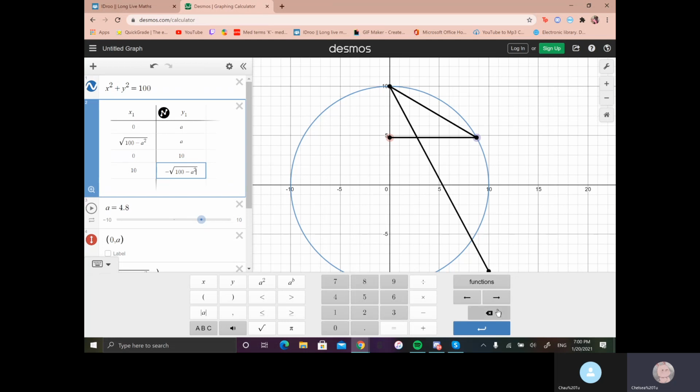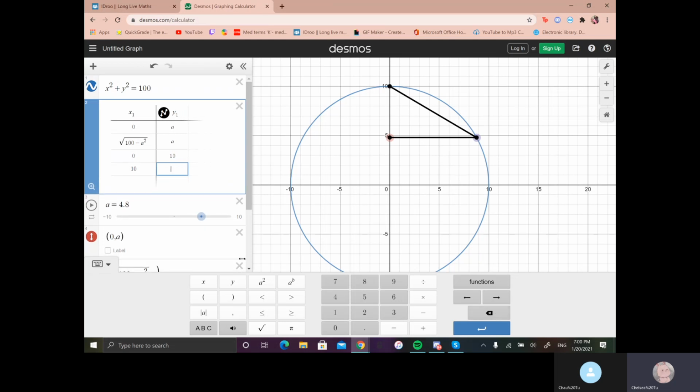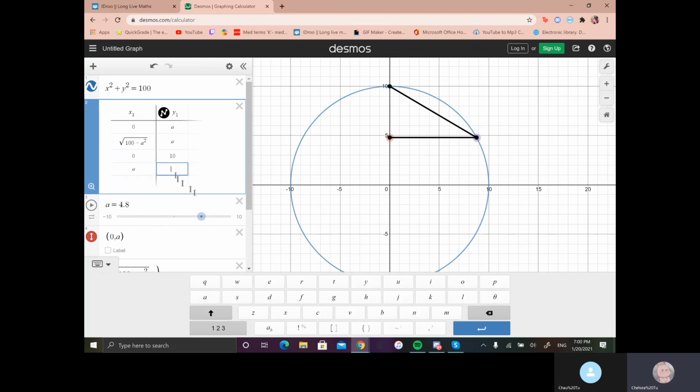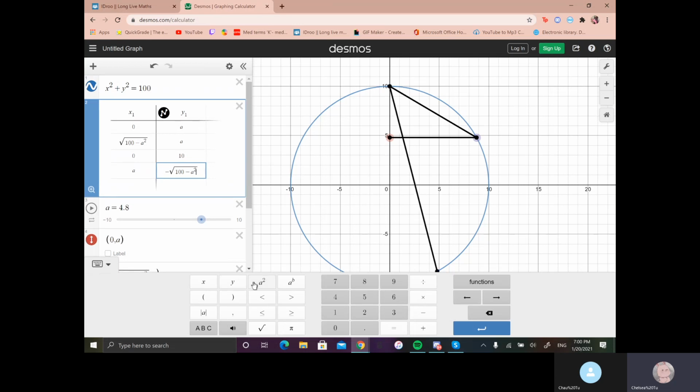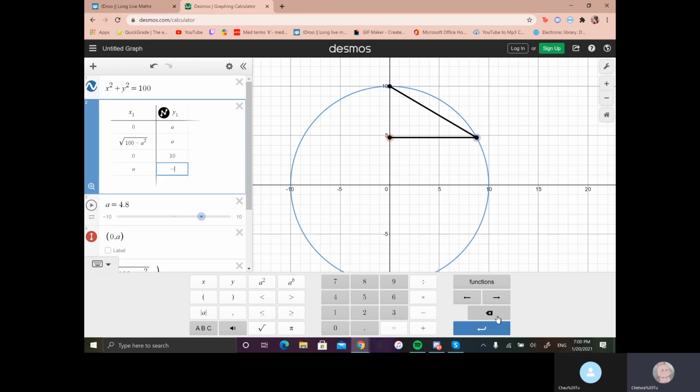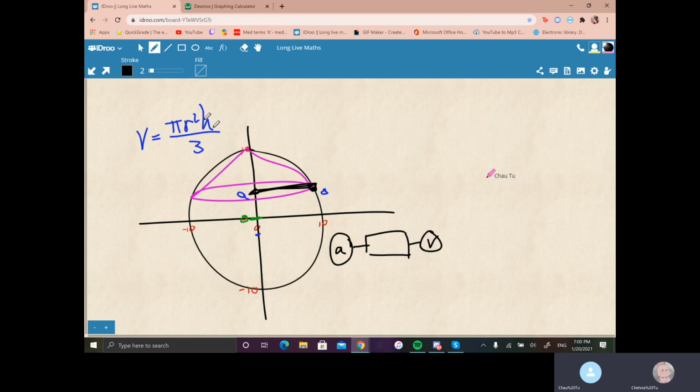Hold on, let me think. Okay, so wait there. Jump back. I want to know the coordinate right here, Chelsea. What is the coordinate right there?